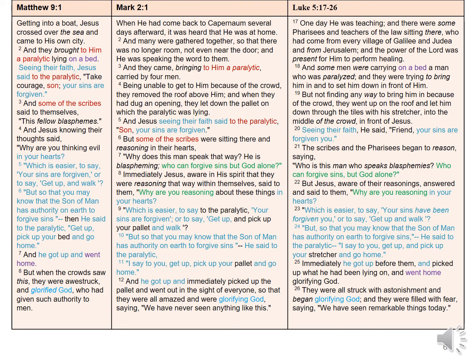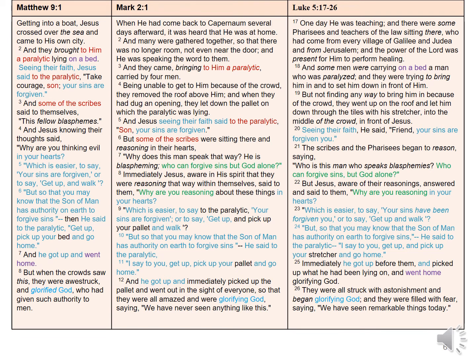So here we have the pericope of the paralytic, the healing of the paralytic. Now, we have three columns here, Matthew, Mark, and Luke, where they tell the story similarly. And as you look at this story in parallel, note the different colors. If something is in red, in this particular case, that means that the story is to be found in Matthew and Mark only.